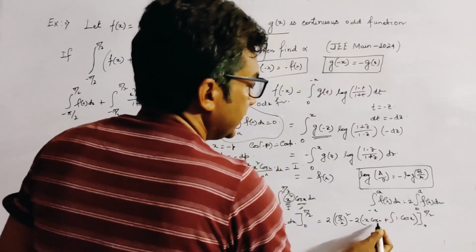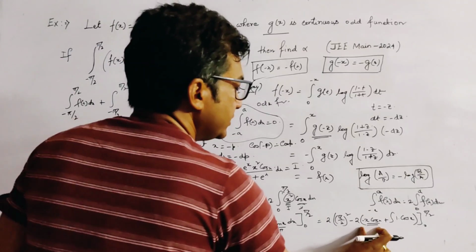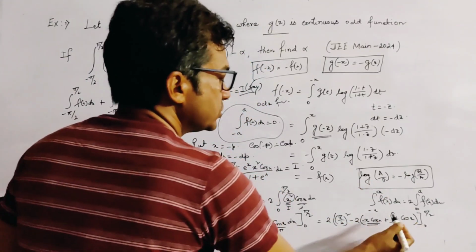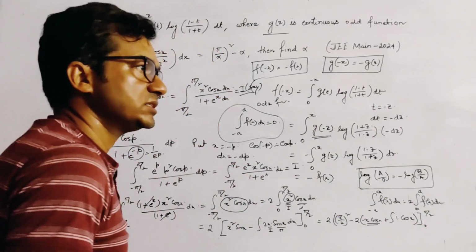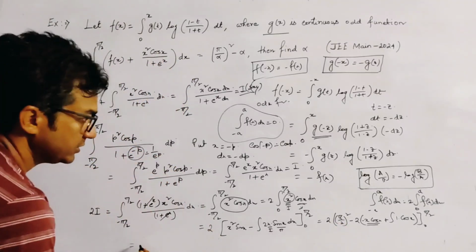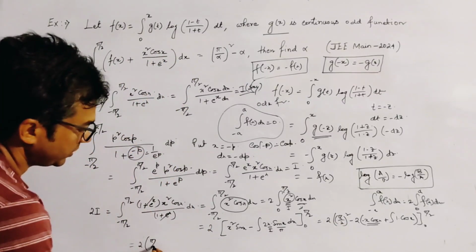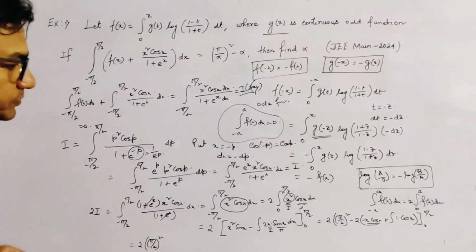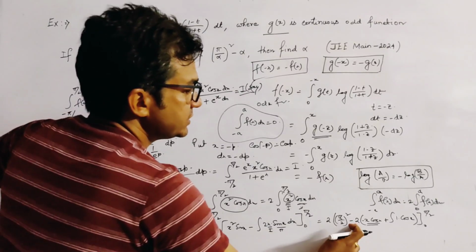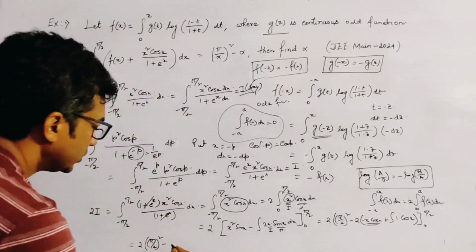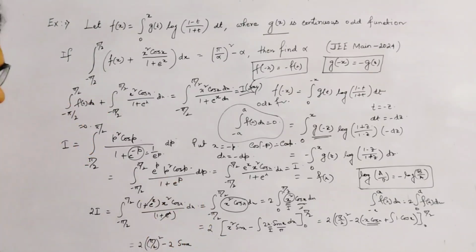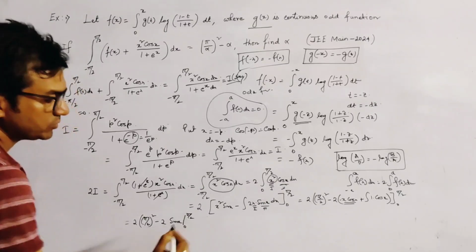If we put the range in this term, again this term becomes 0, because cos pi by 2 is 0 and x equal to 0 gives 0. So we get 2 into pi by 2 whole square minus 2 into sin x, and the range is 0 to pi by 2.